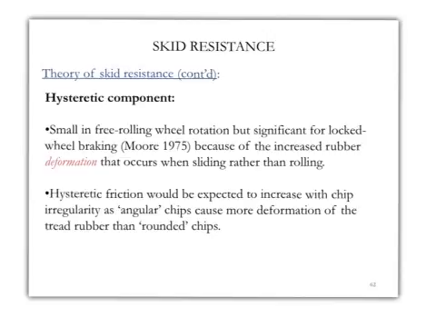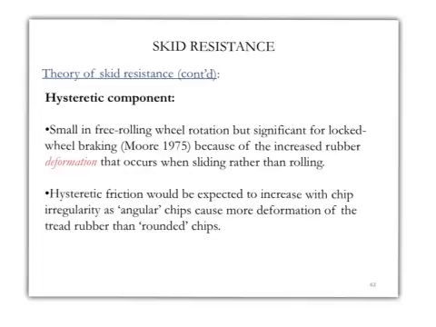So from here you can get an idea that the hysteretic friction would be expected to increase with chip irregularity, as angular chips cause more deformation of the tread rubber than rounded chips. So from a pavement engineer's perspective, the way to increase that component of skid resistance is to use more irregular chips of aggregates rather than rounded.